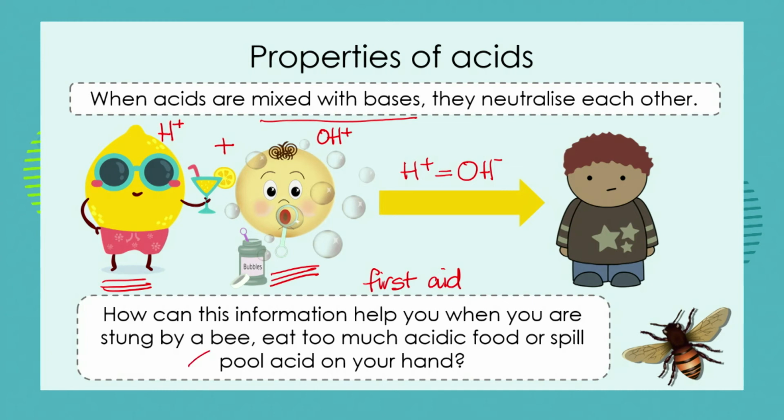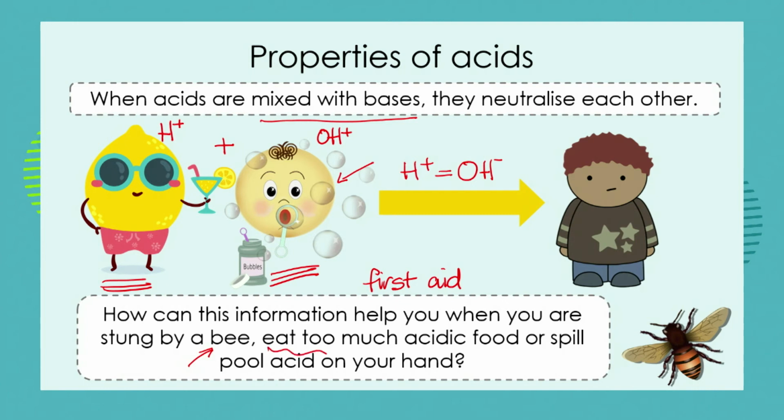So if you're stung by a bee, which has a bit of formic acid in its sting, along with other substances that cause the pain, you could try and neutralize the bee sting by using a little bit of soap on the bee sting, which is going to be the base, which then neutralizes the formic acid and helps to relieve some of the sting or burn.